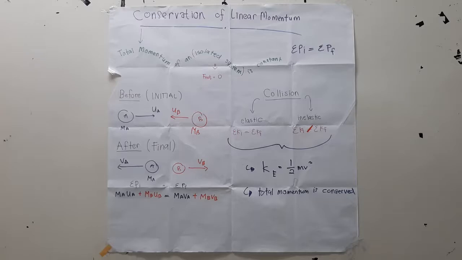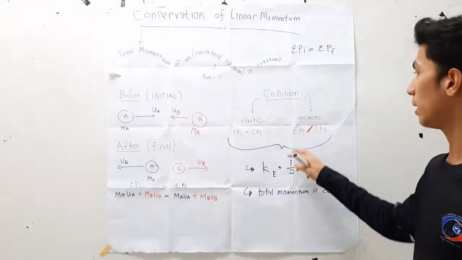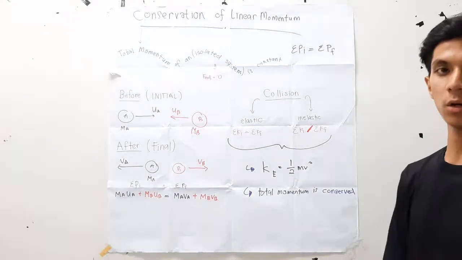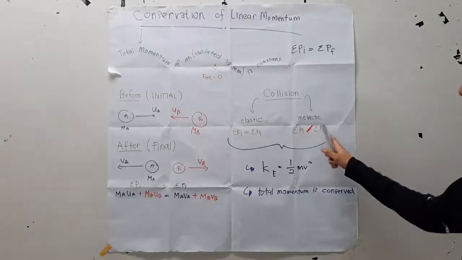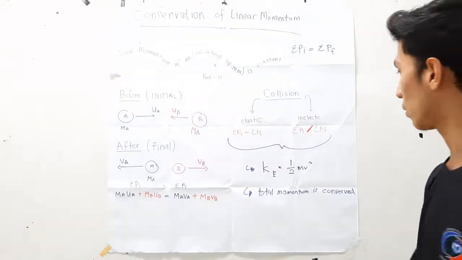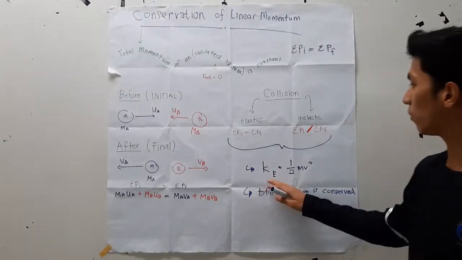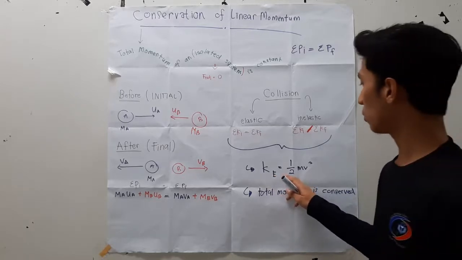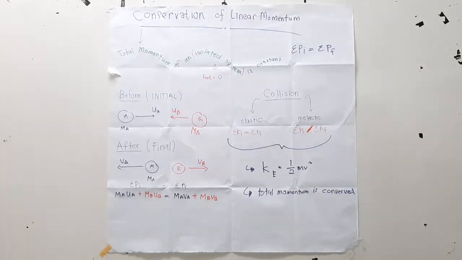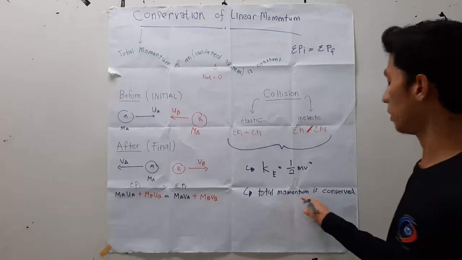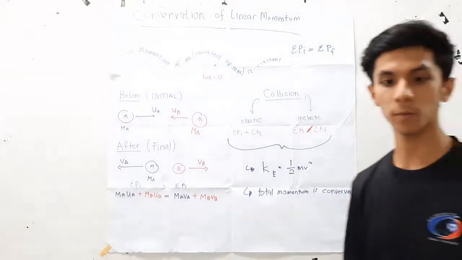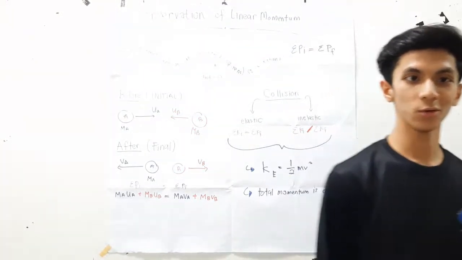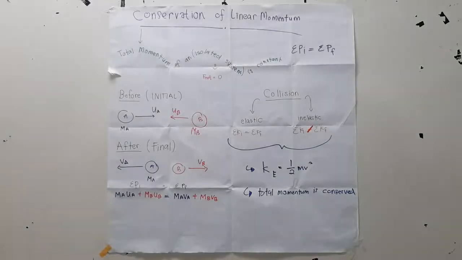This might be from a loss of thermal energy or potential energy. The formula for kinetic energy is one half mv squared. The total momentum is conserved. That's it for my part. Thank you.